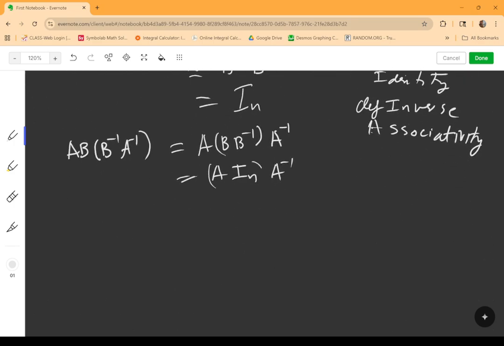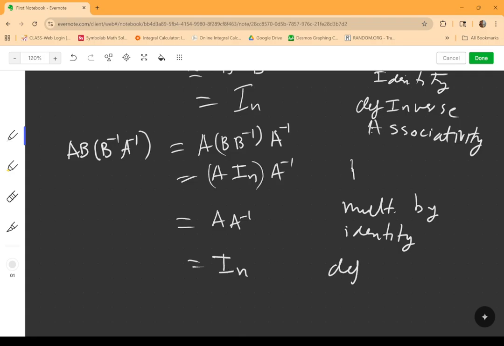And now the products here are multiplication by the identity. And then definition of the inverse.